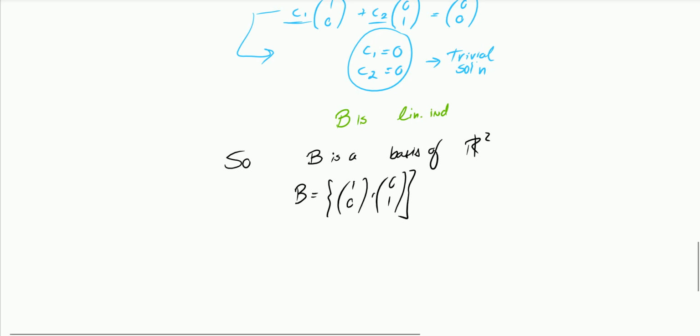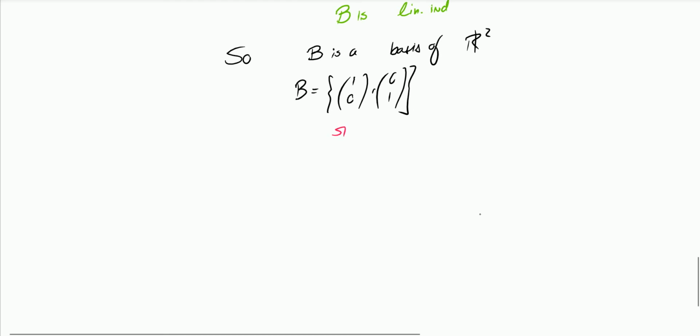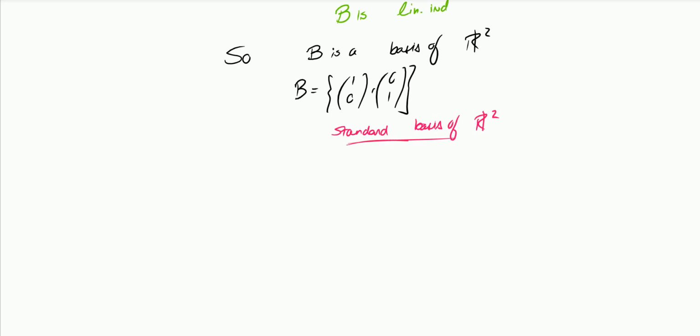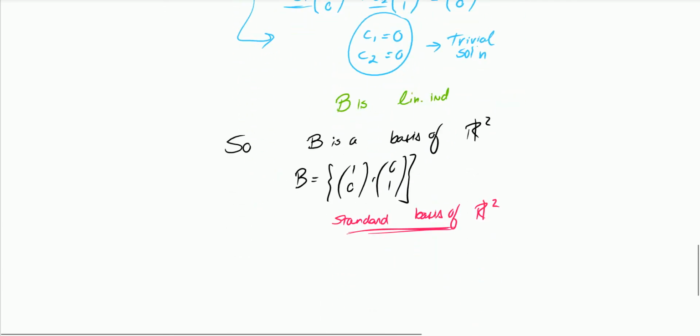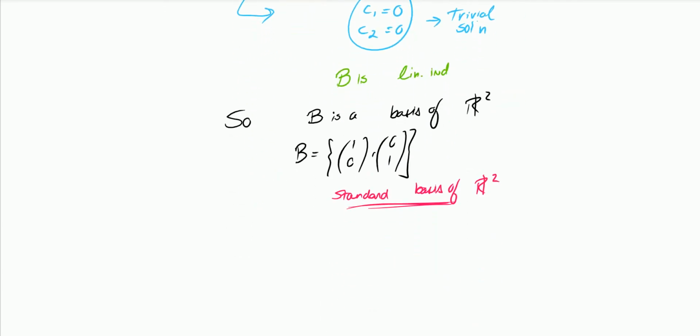This is called the standard basis of R2. So you'll see a lot more of standard bases in linear algebra, and I'll try to do some more videos on checking if something is a basis or not, and on finding if something is a basis.